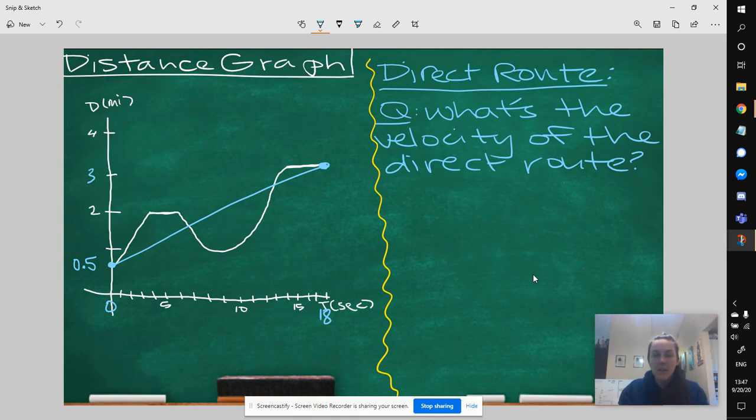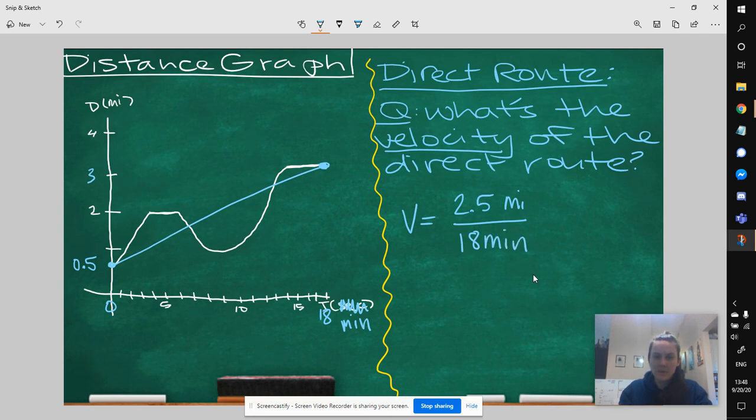And then I ask, how fast would that have been? What would be the velocity? Velocity is usually like miles per hour. Here it's going to be minutes. It's supposed to be distance over time. Velocity is distance over time. We've heard that a lot. So the velocity of the direct route: the distance I actually traveled was 2.5 miles, and the time it actually took me was 18 minutes.